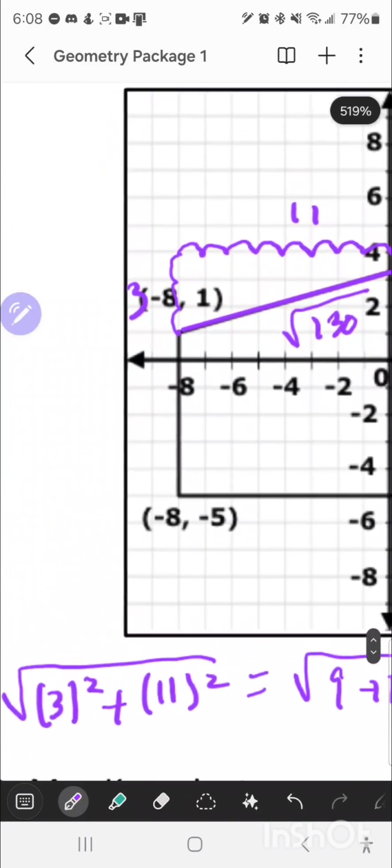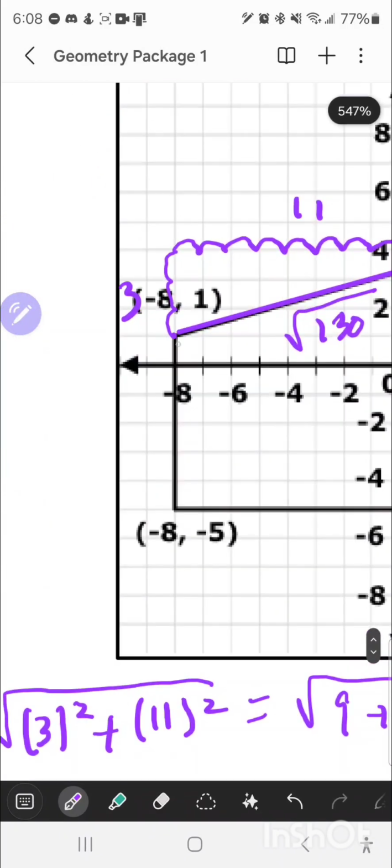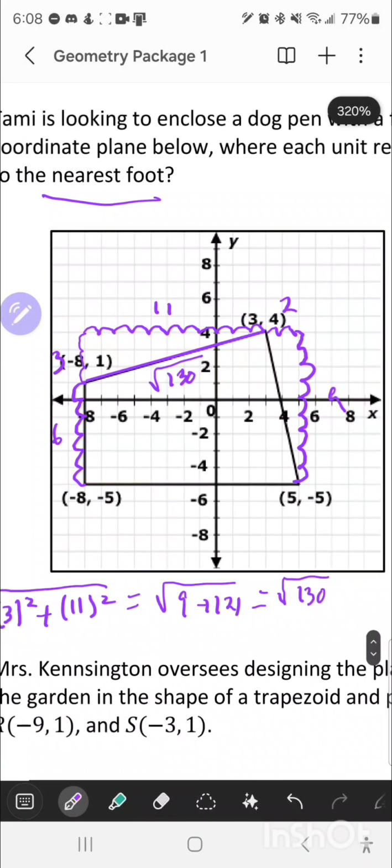Now for this side, we have 1, 2, 3, 4, 5, 6. So this is simply 6 because we don't have any angle to work with. This is only a straight line. And here, this is going to be 1, 2, 3, 4, 5, 6, 7, 8, 9, 10, 11, 12, 13. 13, which is the same as 11 plus 2.